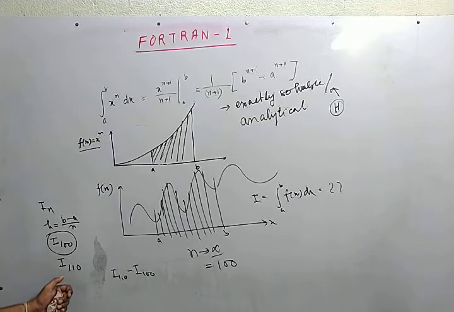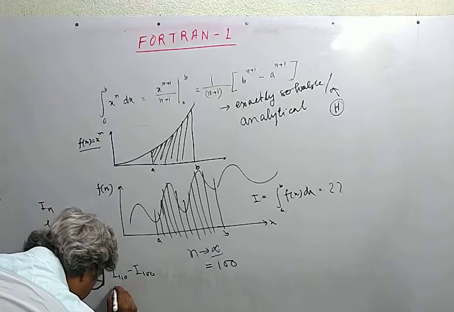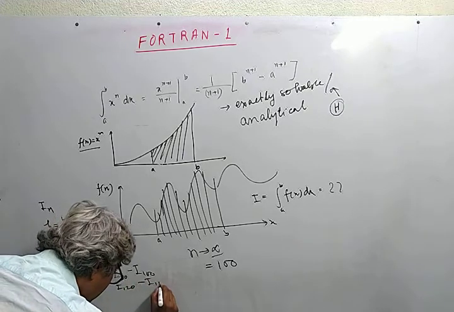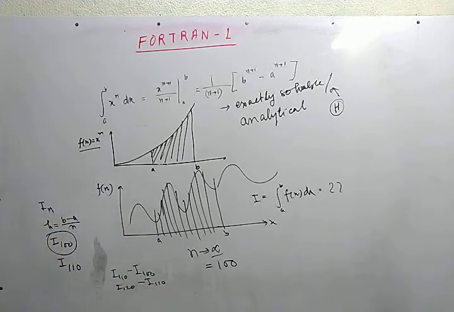Then we increase n further. That is, we go for the calculation with n equal to 120 and compare the result between 120 and the previous one. If the accuracy level is reached, fine, otherwise one should go on increasing the n values.